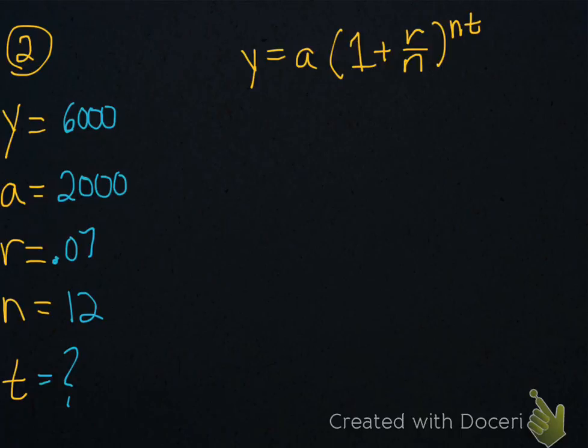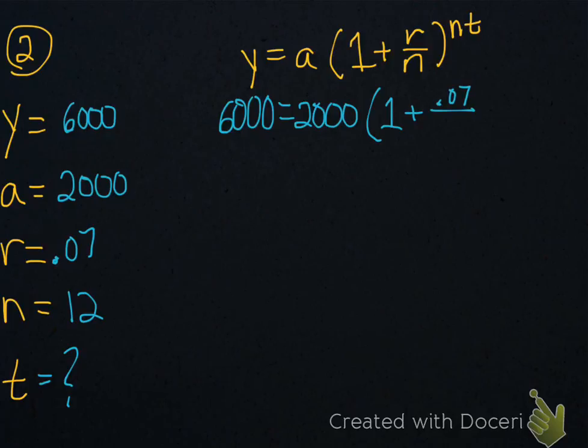Now let's plug them all in. 6,000 equals 2,000, parenthesis, 1 plus 0.07 divided by 12 raised to the 12t power. First step is to move that 2,000 over.